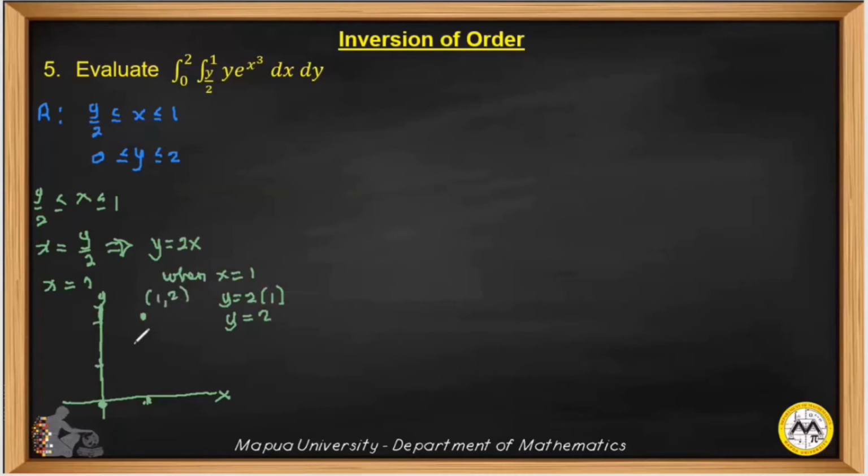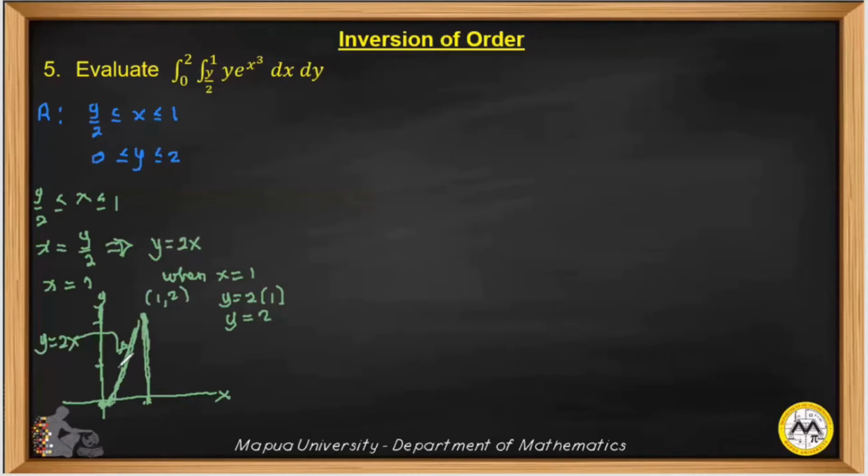And if we draw the line, this is actually the line y is equal to 2x, or x is equal to y over 2. And the line x is equal to 1 is this. So this is actually the region R.